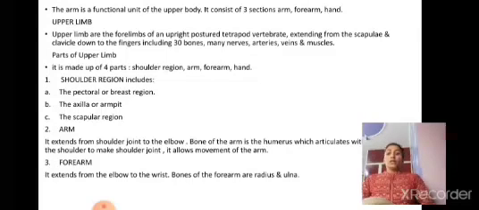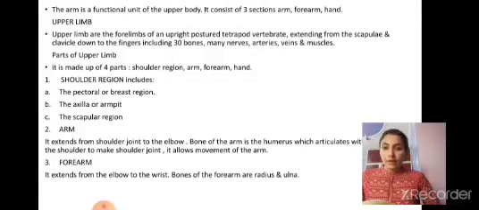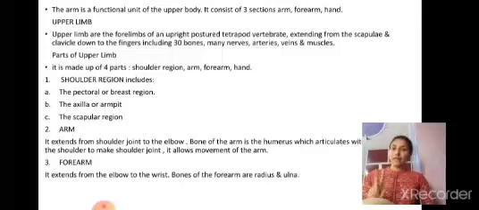Okay, now I will tell you about bones of shoulder girdle, what are the bones which come under shoulder girdle. So our shoulder girdle is comprised of 2 bones. One is scapula, the other one is clavicle.